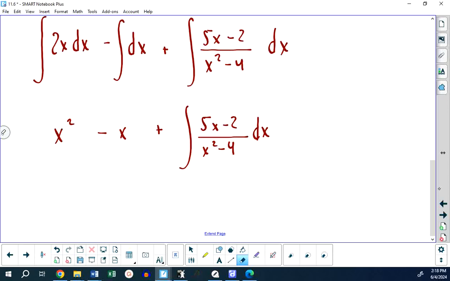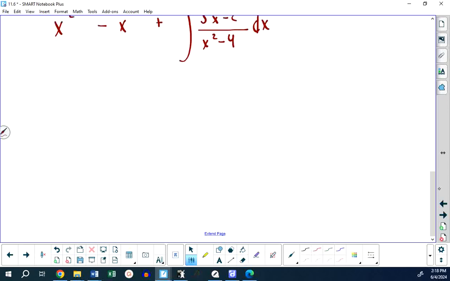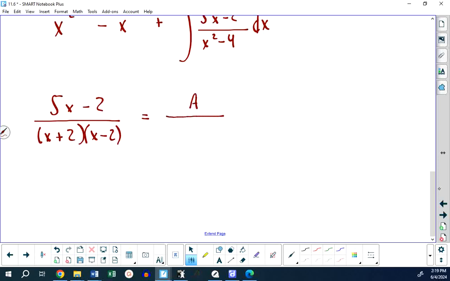Partial fractions now. Right, because now that integrand has a lower degree on the top than the bottom, so it qualifies for partial fractions. We need to take 5x minus 2 over x plus 2, x minus 2, and tear it apart into A over x plus 2 plus B over x minus 2.